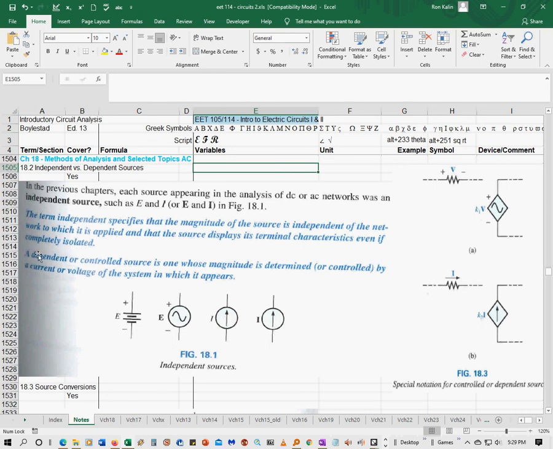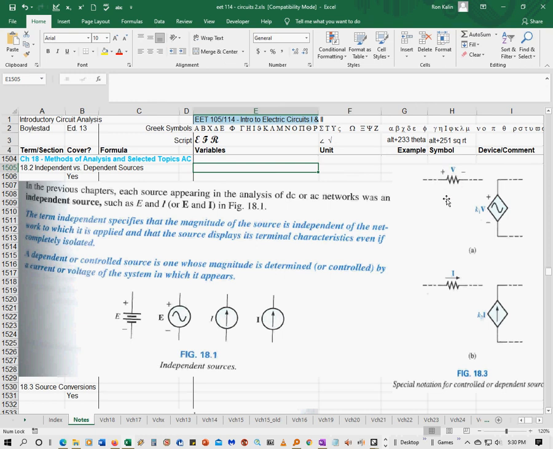So the next question is, what are dependent sources? Dependent or controlled sources are ones whose magnitude is determined or controlled by a current or voltage of the system in which they appear. So here's two examples. This is an AC voltage, and it is dependent on this other voltage over here across this resistor.